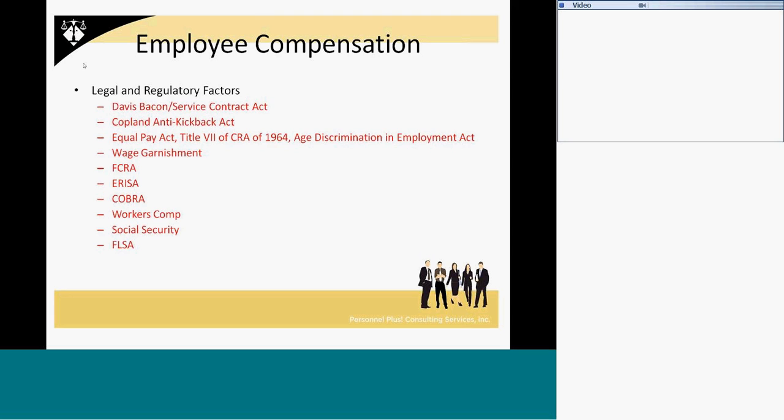Social Security gets involved with employee compensation because, like work comp, it's a mandatory deduction from pay, but it also provides what amounts to a long-term disability plan to employees that have been out of work for 6 months or longer.